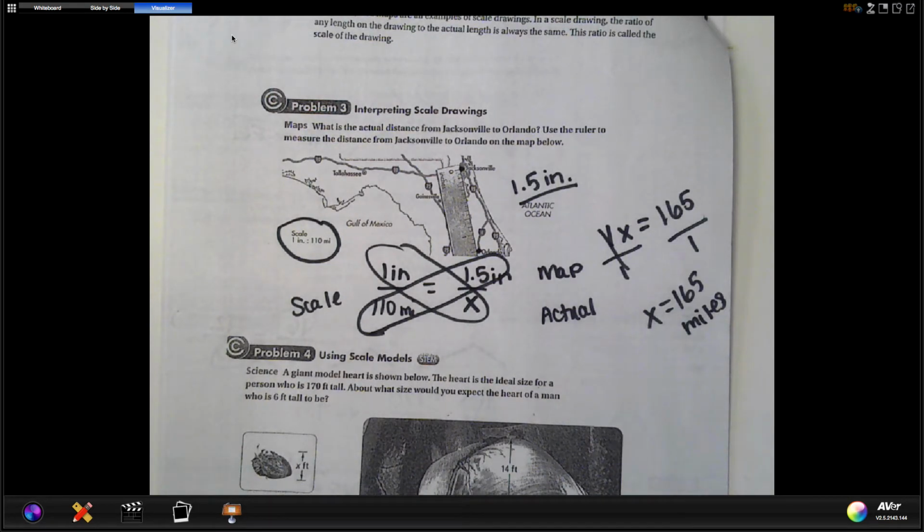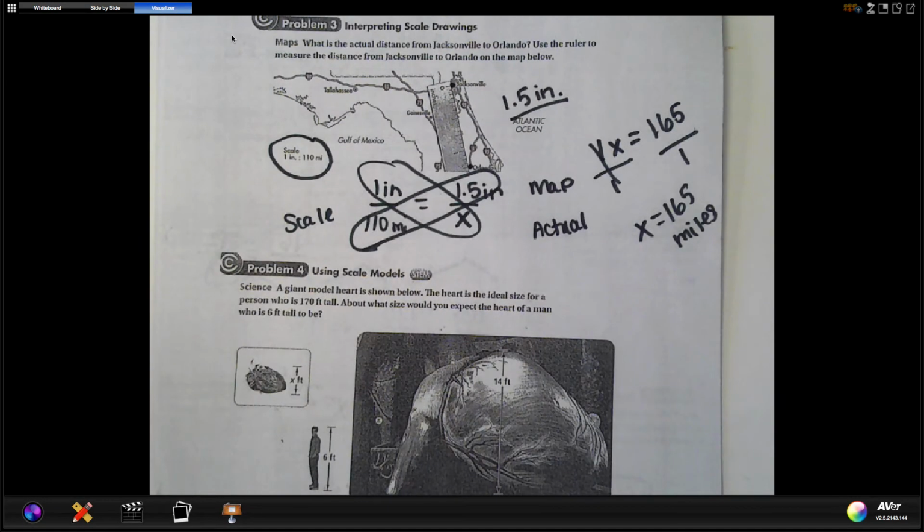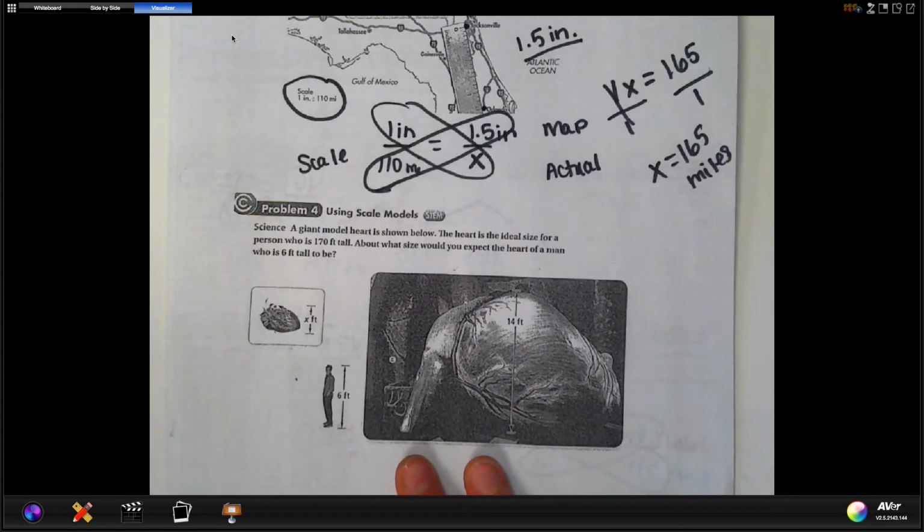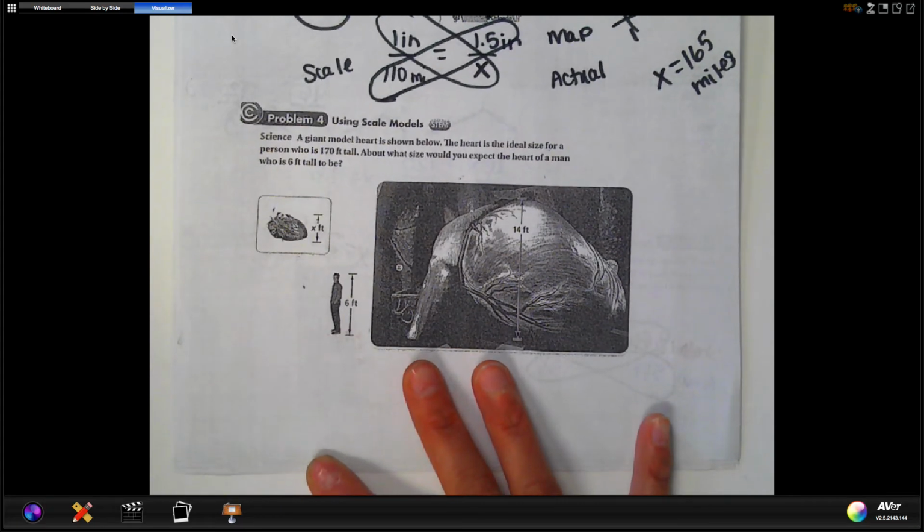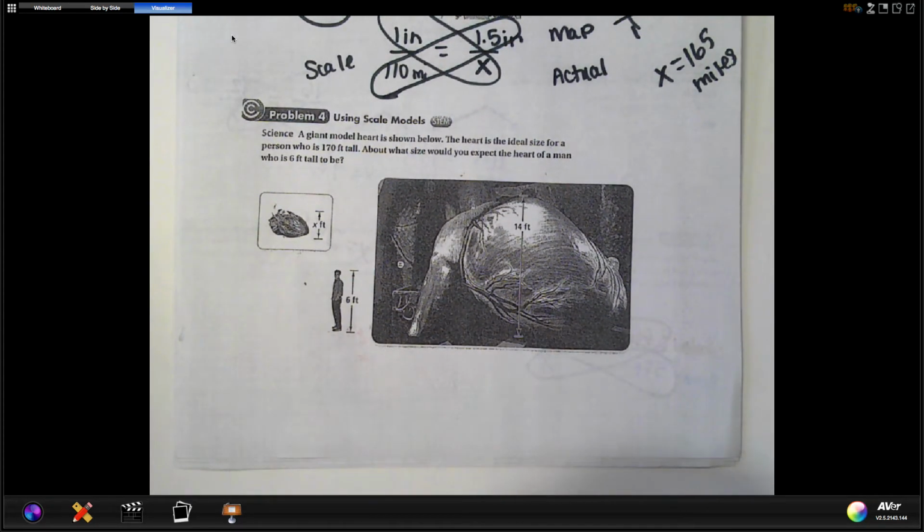All right, last one then. The last thing that we use the proportions on in this is scale model. So if you ever walk into like a museum, they will make representations of stuff to make it bigger so you can look at it, or even something as simple as an action figure, right?